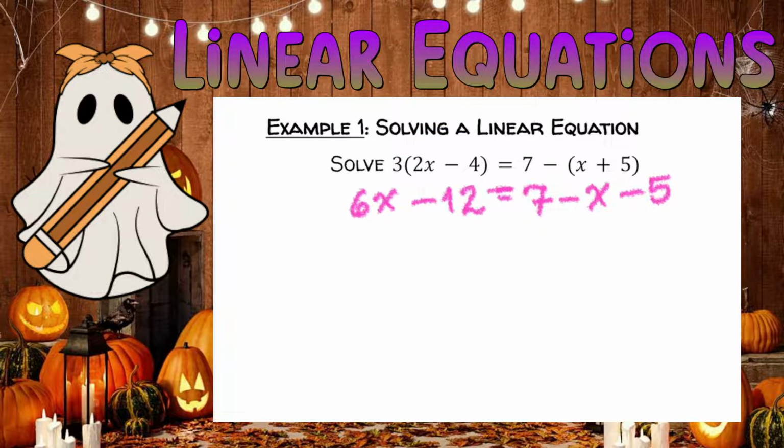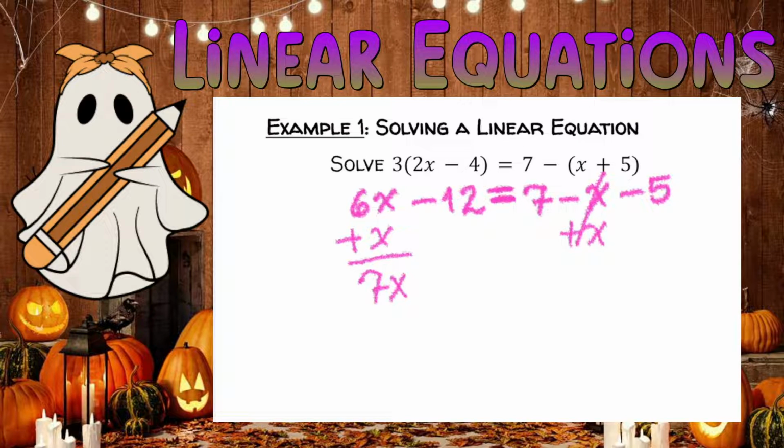Now, the equal sign acts as the fulcrum of a seesaw when solving a linear equation. So the x over here has an invisible 1 in front of it, and it's a negative x. So we want to keep the seesaw balanced, the scales balanced. So we're going to add x to both sides. That makes this guy right here 7x, and here that's canceled out.